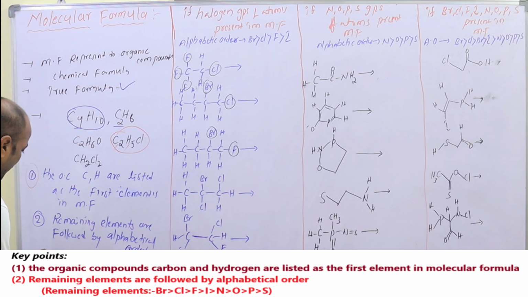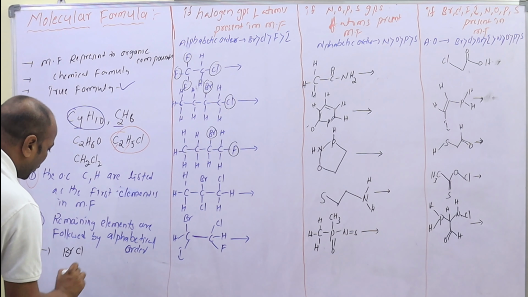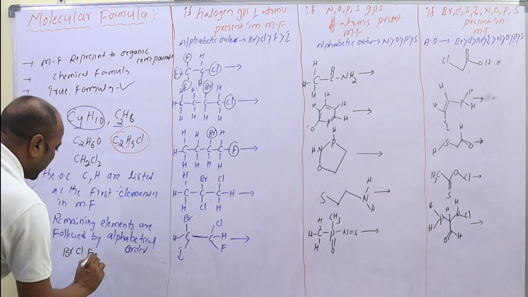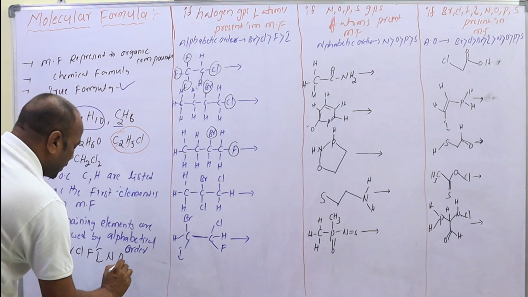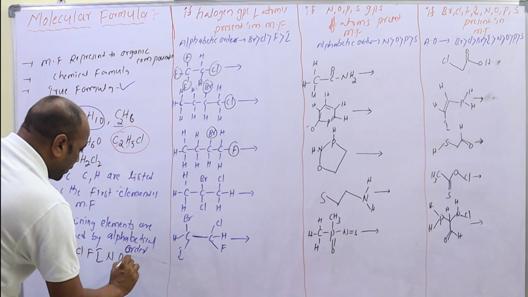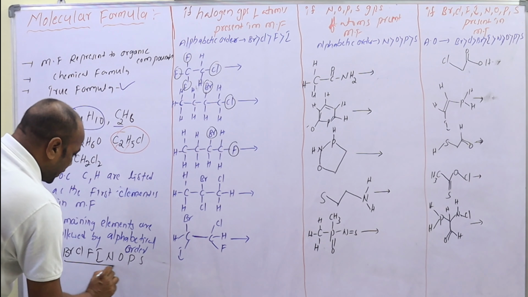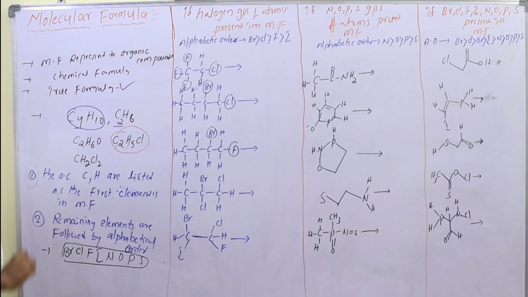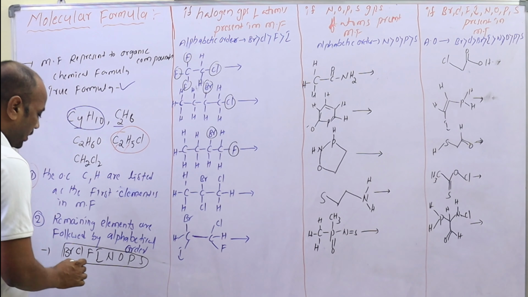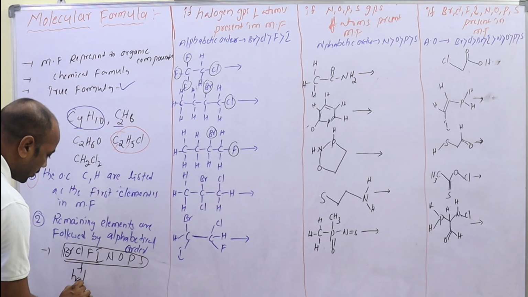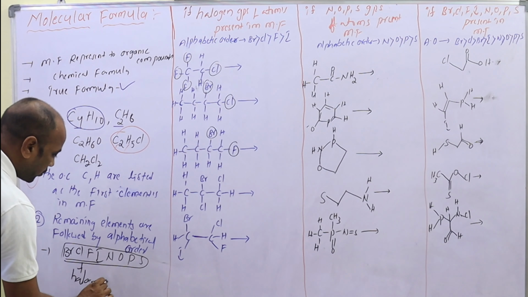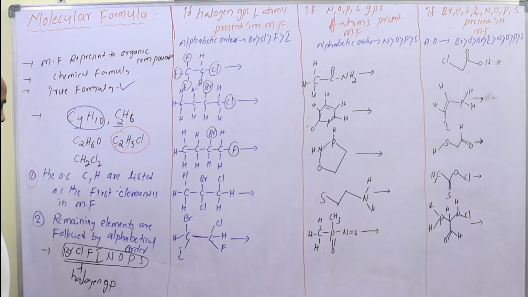Bromine, chlorine, fluorine, iodine, nitrogen, oxygen, phosphorus, sulfur. These are the remaining elements, followed by alphabetical order. The halogen groups are bromine, chlorine, fluorine and iodine.